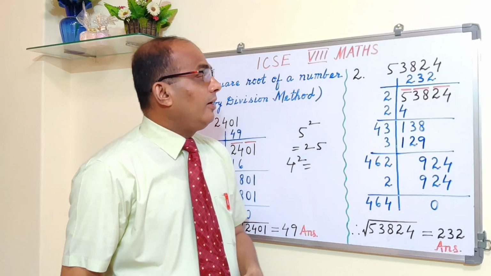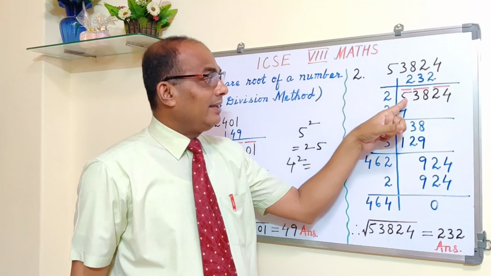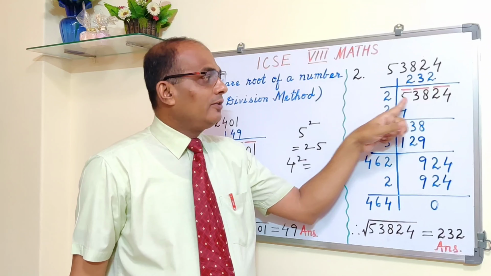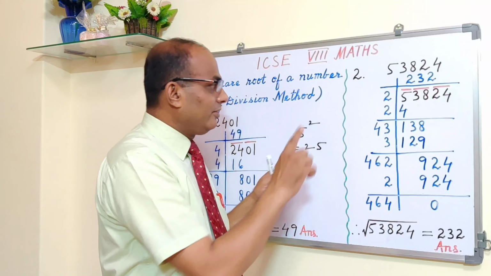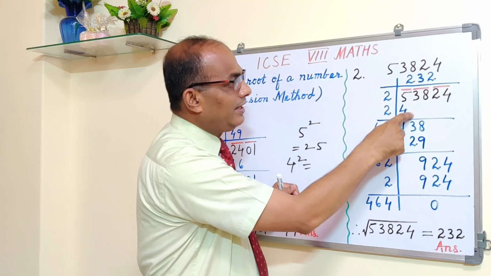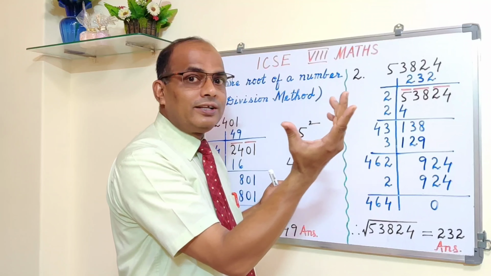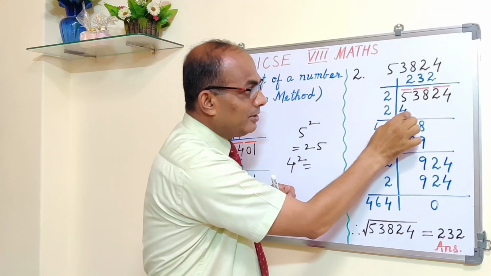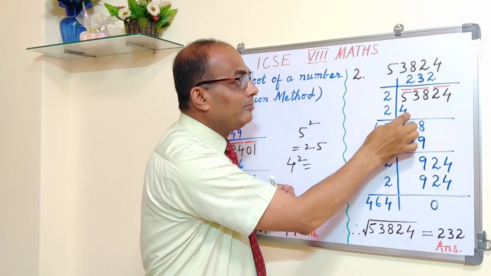Fine. Now again we guess, we find a number whose square is either 5 or less than 5. That number we find is 2, because if you take 3, the square of 3 is 9, which is more than 5, so we cannot take that. The number which you are going to write down here should not be more than 5.